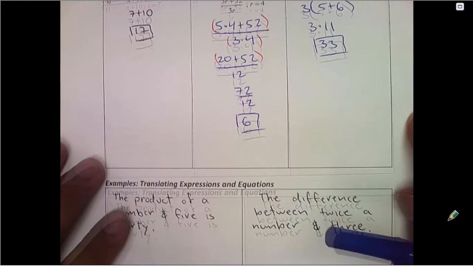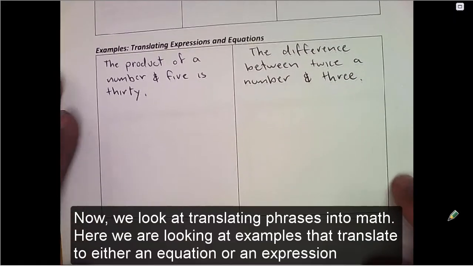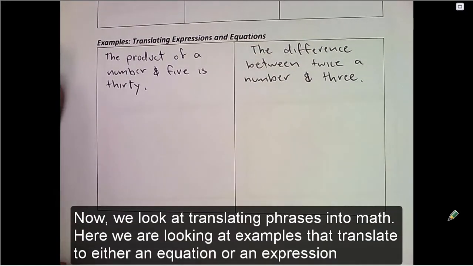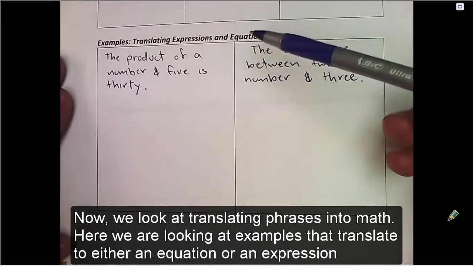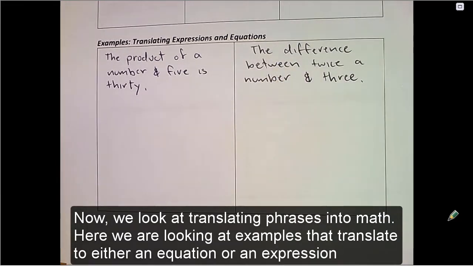Some more examples of looking at expressions or equations, translating expressions and equations, recognizing key words that mean math. So here are a couple of examples. The product of a number m5 is 30.